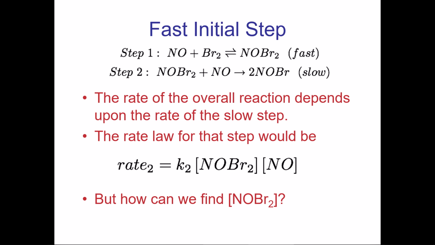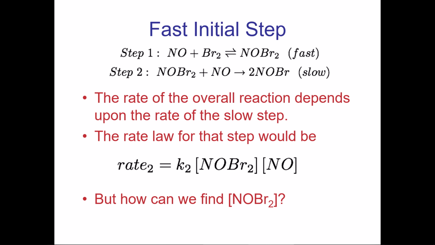Now our rate determining step is step 2, which is the slow step, and this would be dependent upon an intermediate. The amount of NOBr2 that we have would be part of our rate law, and then the second NO molecule. Both of these would be first order based on the collision idea of a bimolecular reaction.